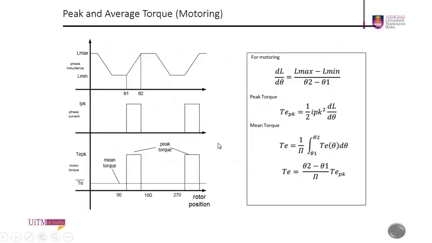okay. So further analysis, for example during motoring, from theta 1 to theta 2, to calculate the Lmax minus Lmin, you have your dL over d theta, okay. So here you have your peak torque, for this equation, and this will be the mean torque.